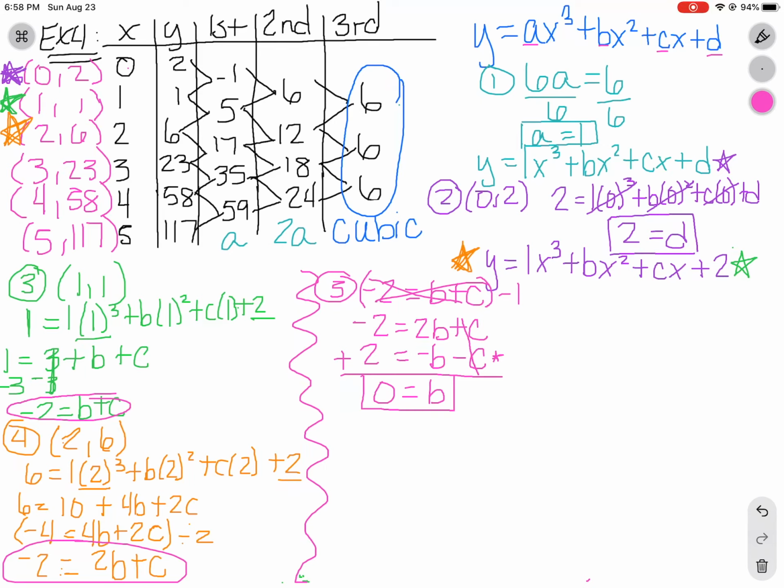So now I have A, I have D, and I have B. All I need is C. So to find C, I'm running out of colors here. What I have to do is plug that into B plus C equals negative 2. So 0 plus C equals negative 2. That means that C is equal to negative 2.